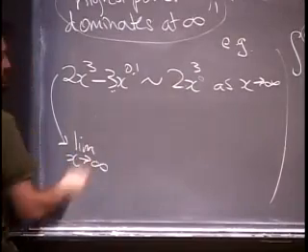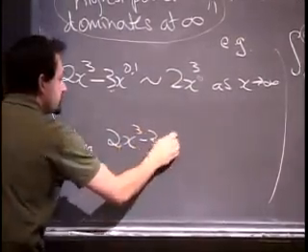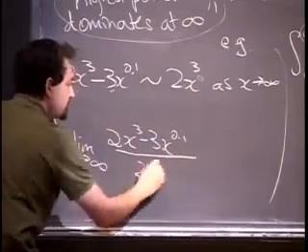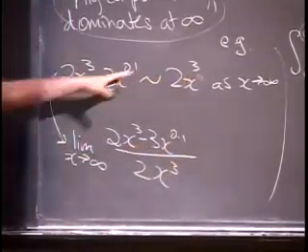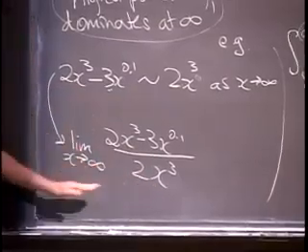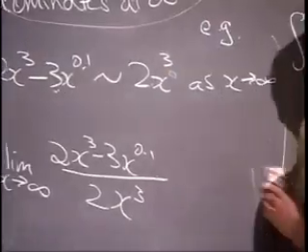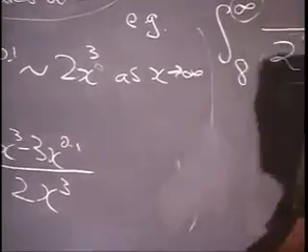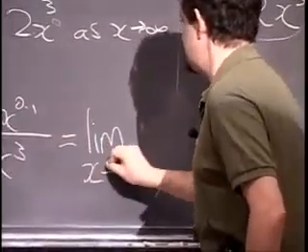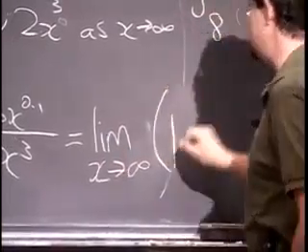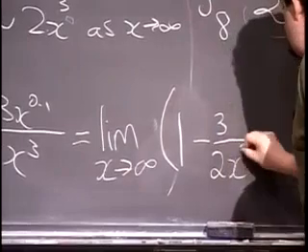In this case, as x goes to infinity, you have 2x cubed minus 3x to the point 1 over 2x cubed. You see, if you're going to write something behaves like something else, write down their fraction and take the limit. And in this case, it's pretty straightforward. This equals the limit as x goes to infinity of 1 minus 3 halves, and I think you have x to the 2.9 on the bottom.